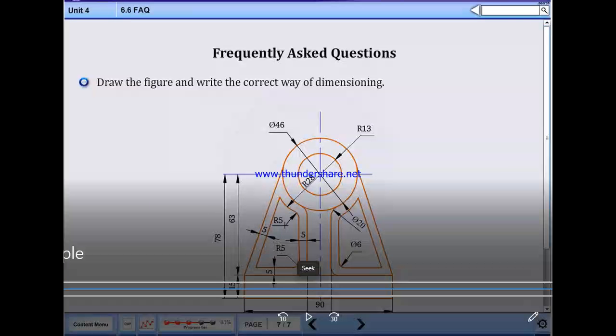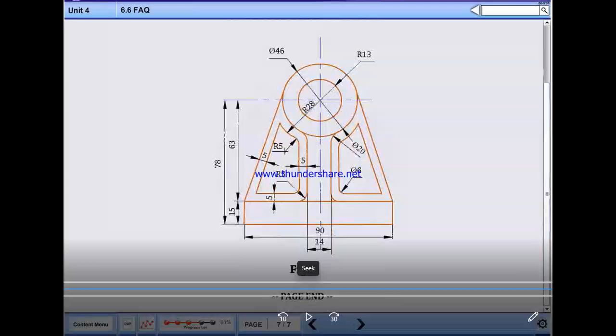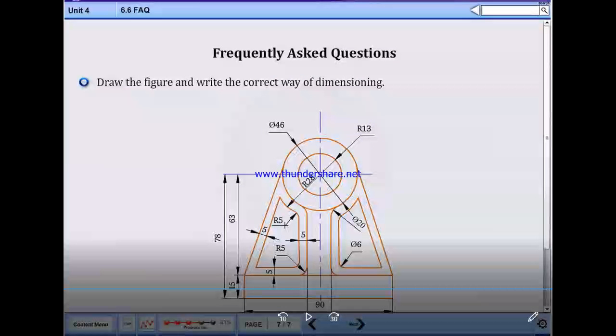That is, draw the figure and write the correct way of dimensioning.